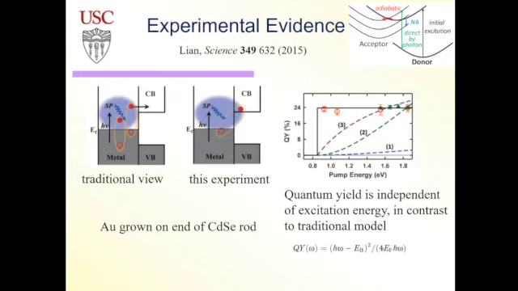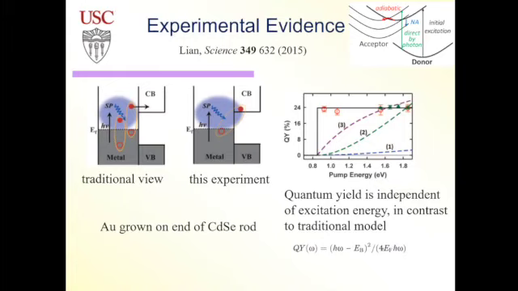The excitation energy tells you the energy from the electron to the hole, but where the electron is relative to the conduction band is random. So if you have high excitation energy, it's more likely that the electron will be high enough to be above the conduction band edge, and it can inject. And this is what traditional models predict, some kind of energy dependence of the yield of injection on photon energy.